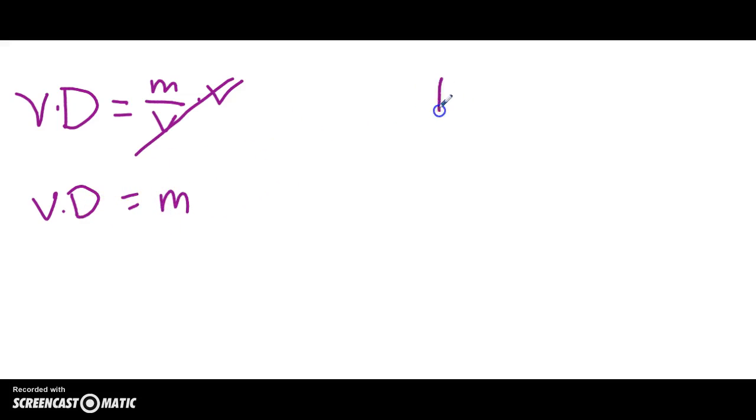What if I wanted to solve density is equal to mass divided by volume for the volume? Unfortunately, I don't know what's being done to the volume because it's in the denominator. It's what's being divided by. So I need to rearrange my equation by getting my volume into a different spot. In doing that, I'm taking the same first steps that I did before.